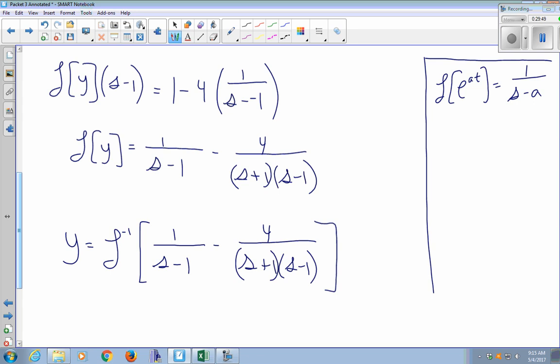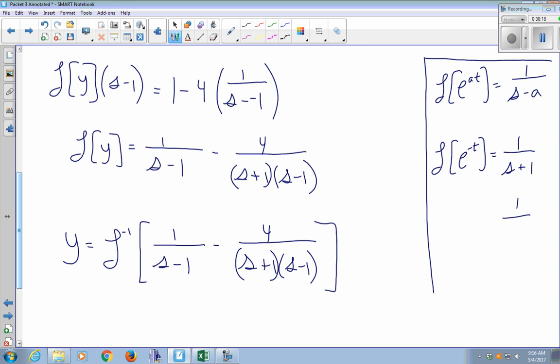So if I ask for the Laplace of e to the 2t, you know it's 1 over s minus 2, right? But if I give you 1 over s plus 1, what is the inverse Laplace of that? e to the negative t, yeah. So you can go in both directions with this rule.